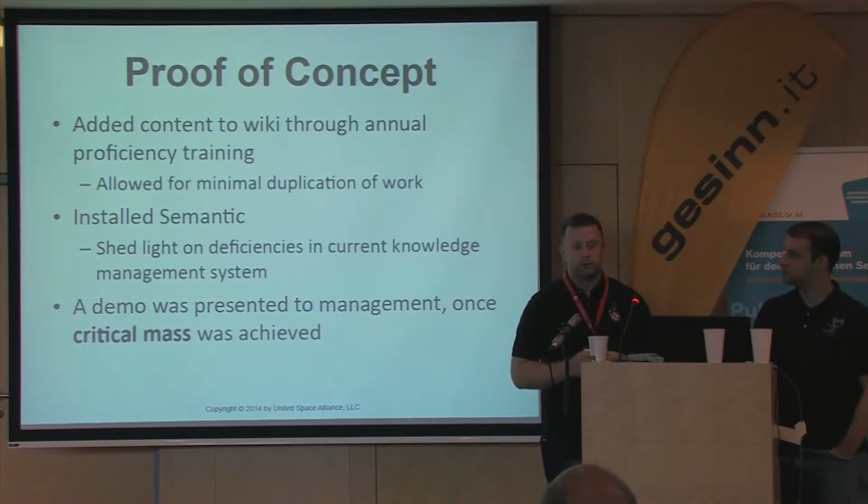And rather than carving out time from our work schedule to build a wiki, we just did it alongside this proficiency training. So a couple of years ago, when I had to do my proficiency training, I started reading all the documents I need to read, but at the same time I copied that information into the wiki. That way I was killing two birds with one stone.